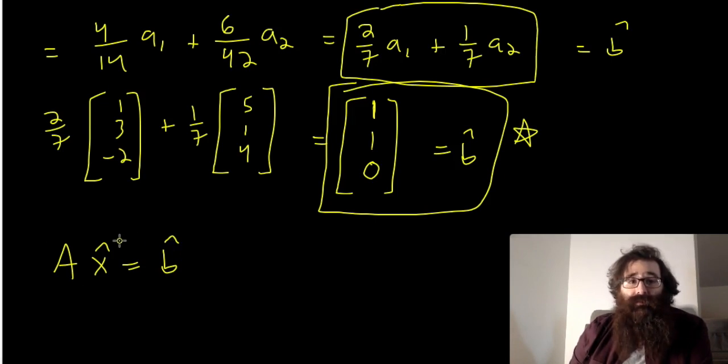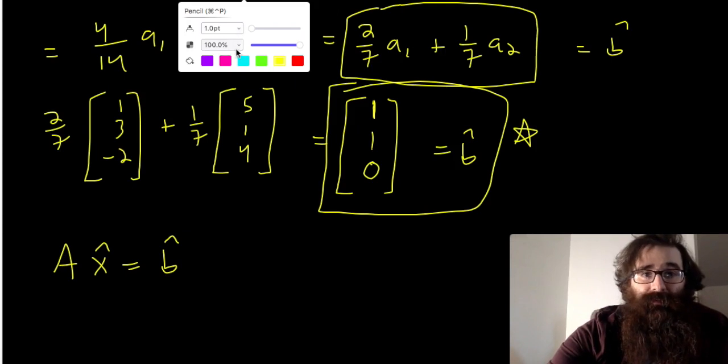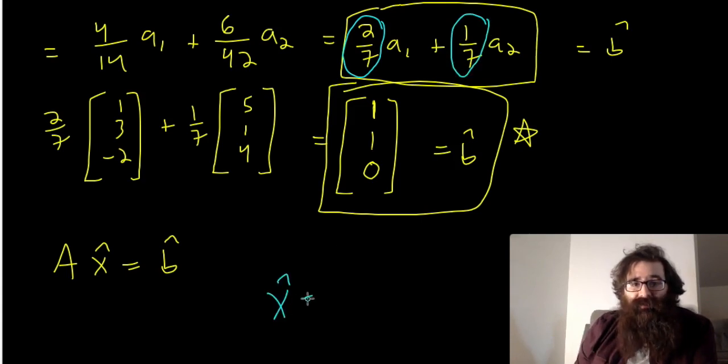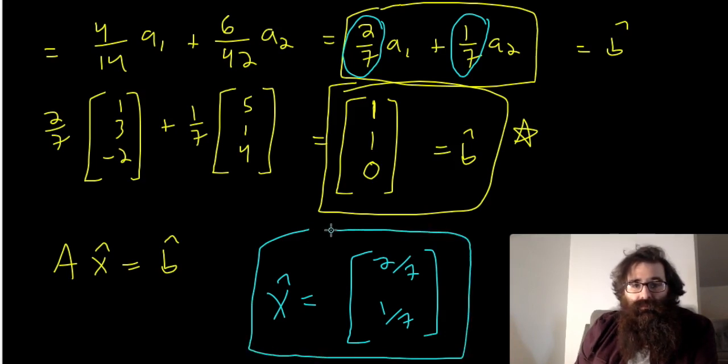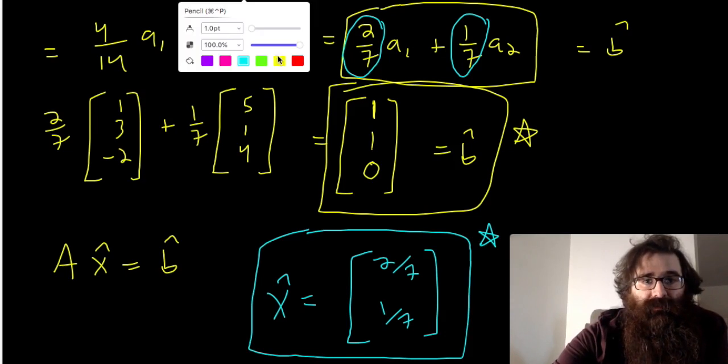So the weights on the column vectors of A that bring me to vector b hat are these coefficients that we found. These coefficients that we found are important. This gives me vector x hat. The weights are 2/7 and 1/7. So it's hiding there in our work, definitely.